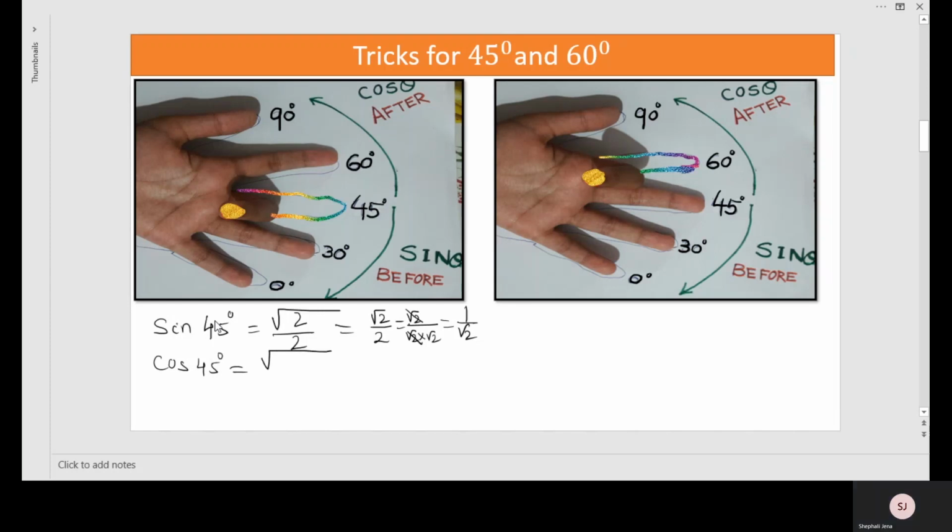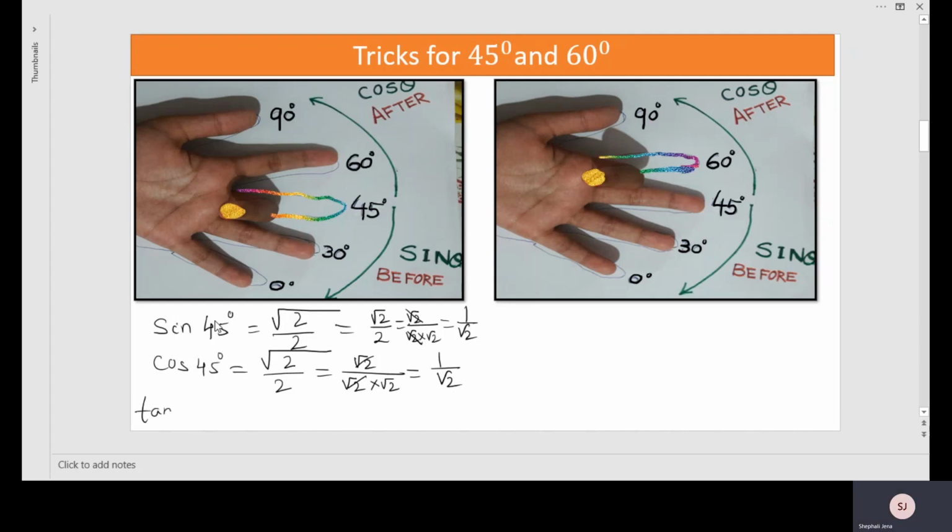After the middle finger, how many fingers are left? 2. So square root of 2 divided by 2. 2 is constant in the denominator for every angle. So same, for 2 we can write √2 into √2 because √2 squared is 2. So √2 got cancelled, 1 divided by √2.